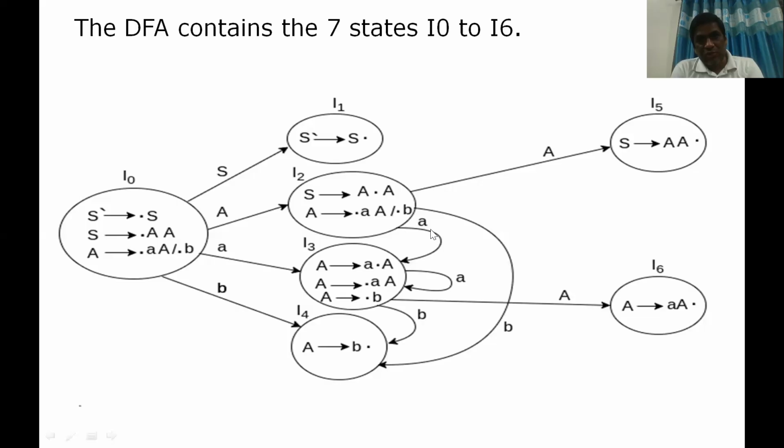So that is the reason why it is connected to I3 again. So I2 on small a is producing I3 again. Therefore, it is connected over here. No need to write the same set multiple times in the diagram, because it is also generating the same set. We will connect it to I3 directly. And on B, it produces this I4.